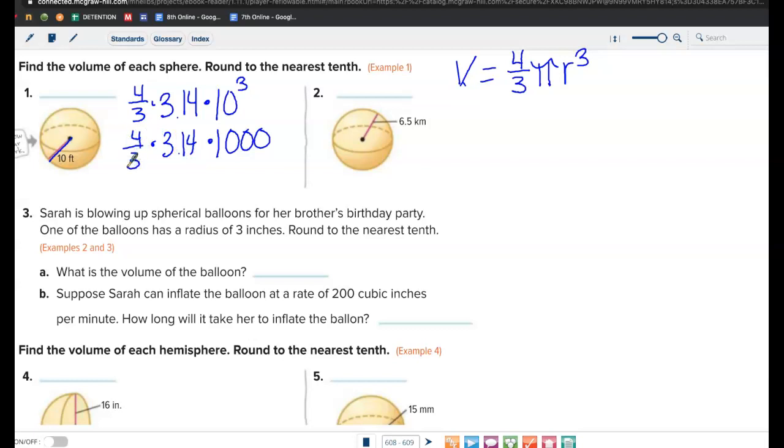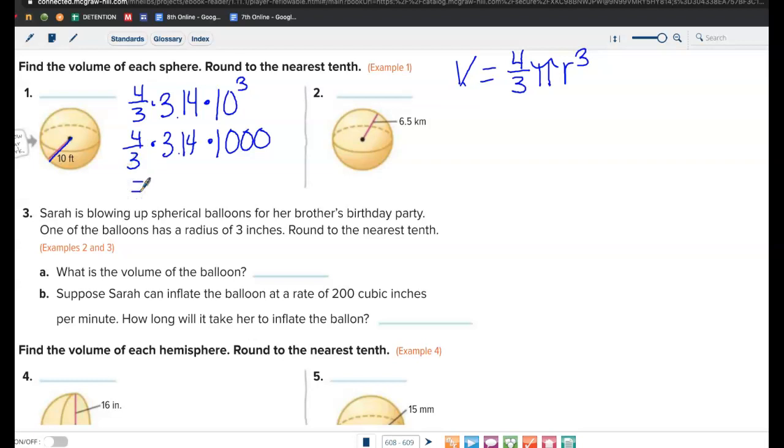I'm just going to type that into my calculator all at once. If your calculator doesn't have a fraction, you can take 4 times 3.14 times 1,000, and then at the very last step divide it by 3. That's the same thing as typing it all in the calculator like you see on the board.